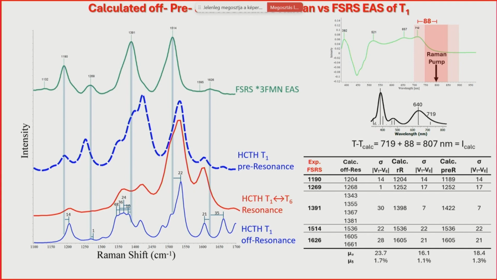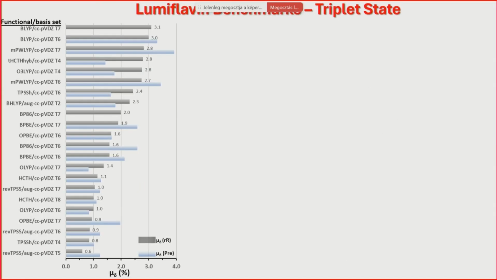So here it is computed. It's slightly worse than the resonance Raman, but still you can see that the line shape approximates the triplet experiment much better. Okay, here are the results. The gray is the percent error with the resonance, and the blue with the pre-resonance.